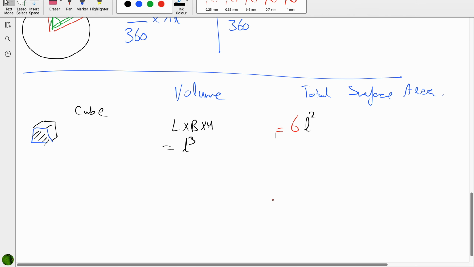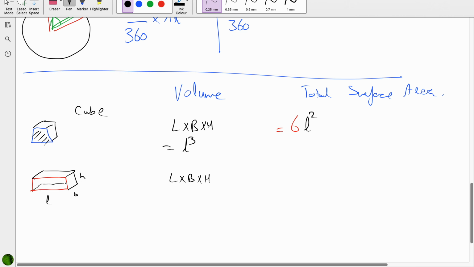Second shape is a rectangle. Turning this shape into a 3D shape, volume is length into breadth into height, and then total surface area. Now we have 6 faces. Let me label this as length, this is breadth and height.